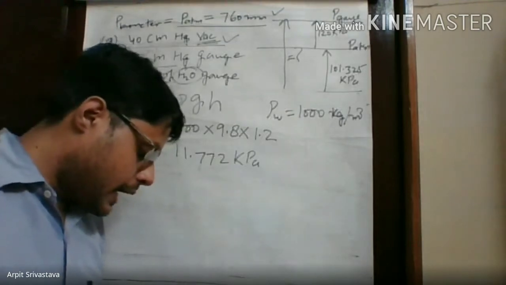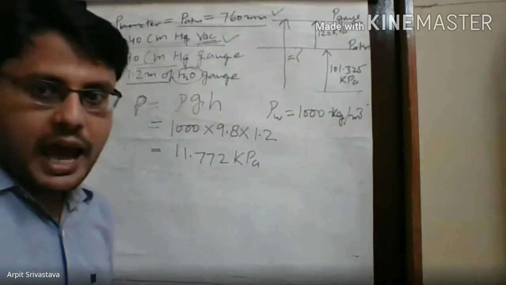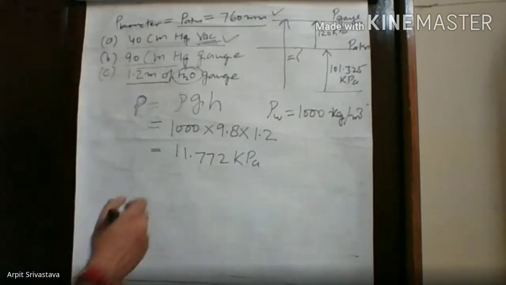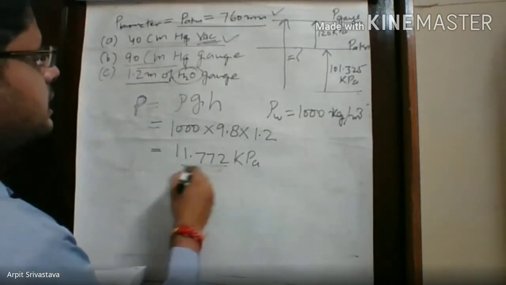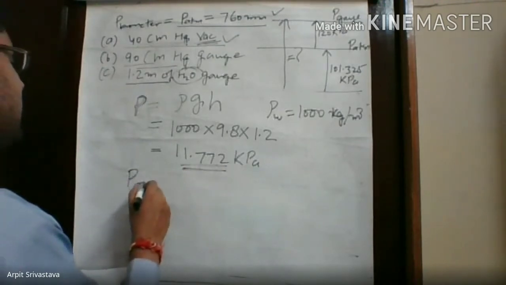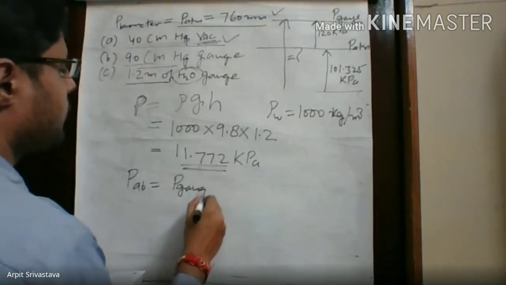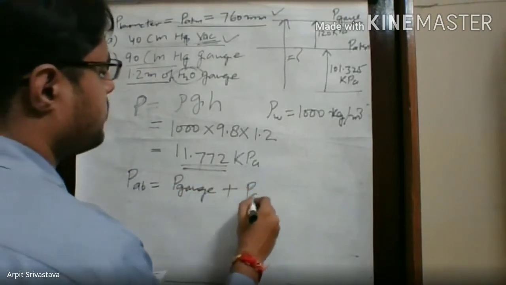Okay, and if we want to calculate the absolute pressure value with respect to this gauge pressure, then again we apply P absolute equal to P gauge plus P atmosphere.